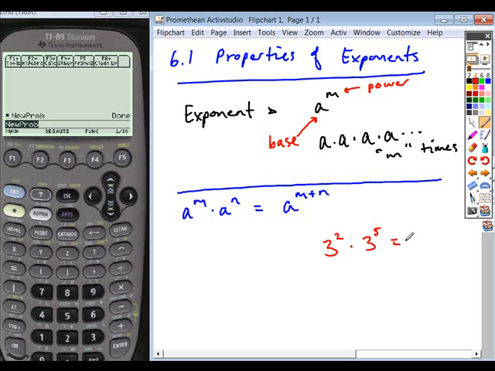You can just solve them as powers. You take your common base of 3, and then what's your new power going to be? 2 plus 5, or 7. And again, remember when you're entering these on the computer, 3 to the power of 7 would be represented as 3 to the 7th.